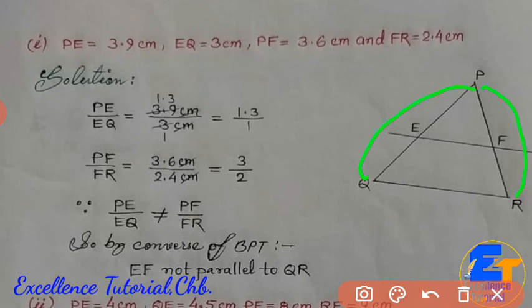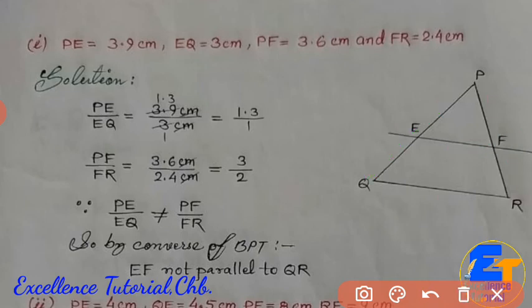If we get equal ratios of both sides, that is PE by EQ and PF upon FR, then we can write that EF will be parallel to QR.